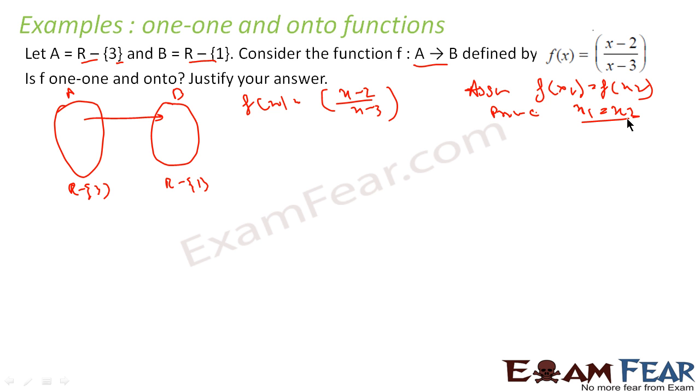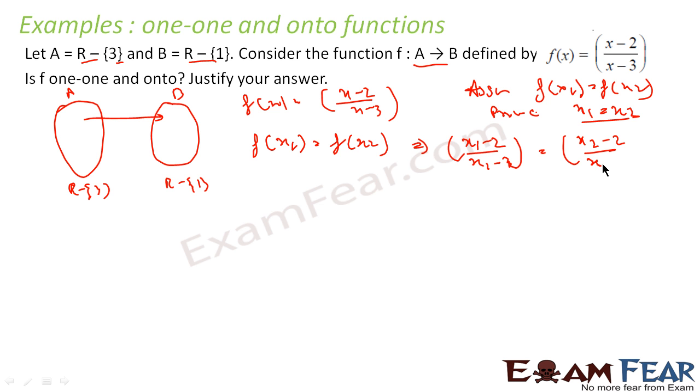If we can do this, then the function is one-one. So we can say f of x1 is equal to f of x2. This implies x1 minus 2 by x1 minus 3 is equal to x2 minus 2 by x2 minus 3.